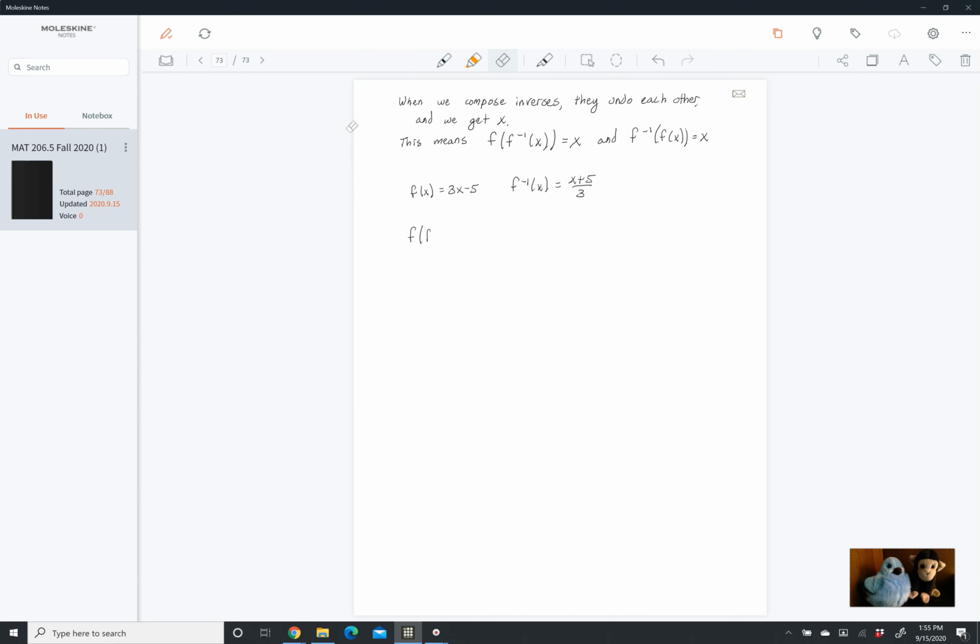If we compose these two functions, what happens is let's actually stick it in here. We have 3. Then instead of x, we're going to put in f inverse of x. So we get x plus 5 over 3. And then we have minus 5.